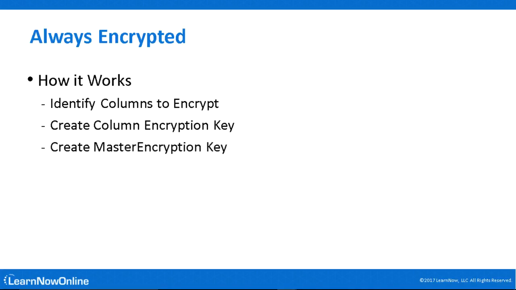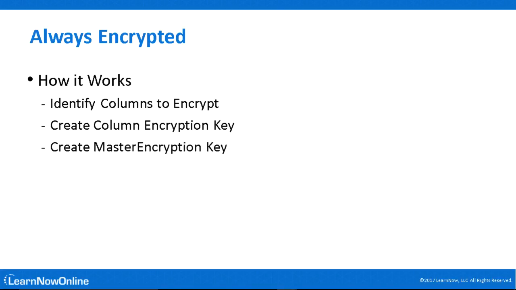So of course the question now is, how does Always Encrypted work? Well, you can configure this feature for individual database columns containing the sensitive data. So if there's only 5 to 10 columns in your whole database that need to be encrypted, you don't have to encrypt the entire database.